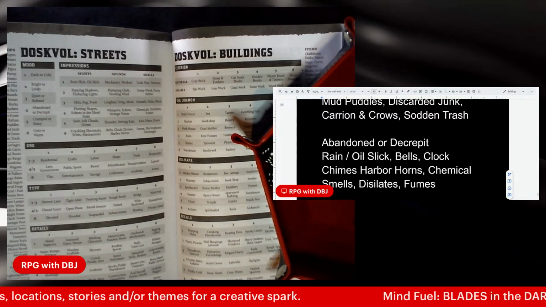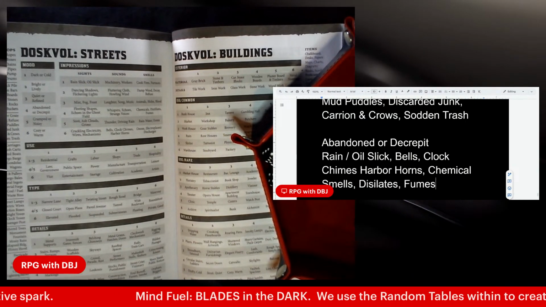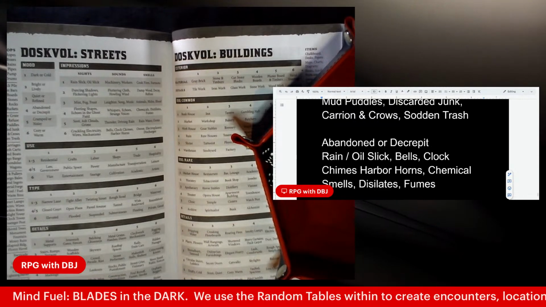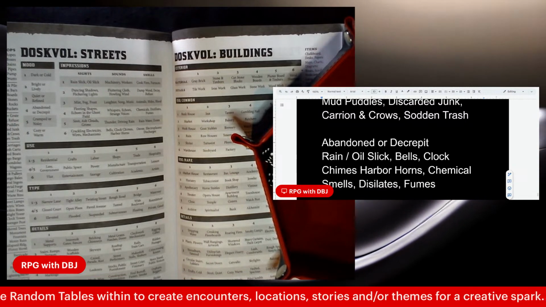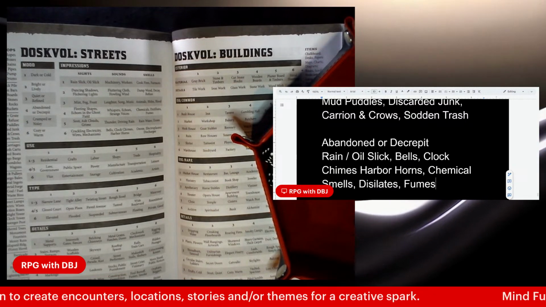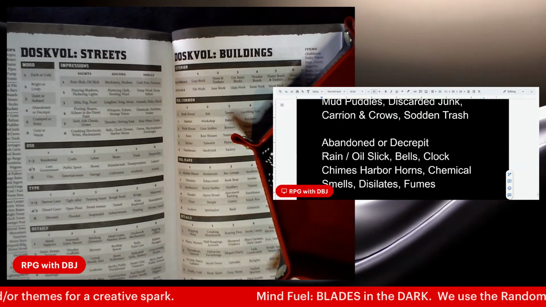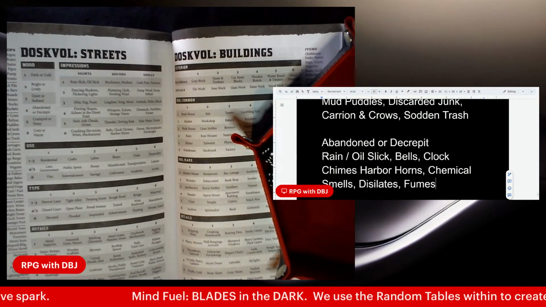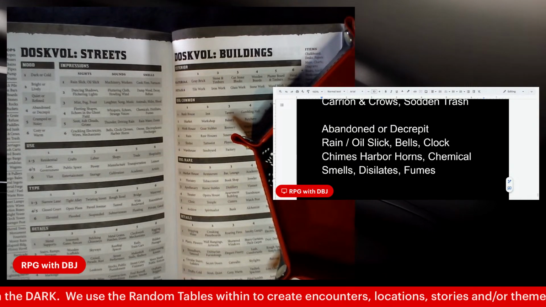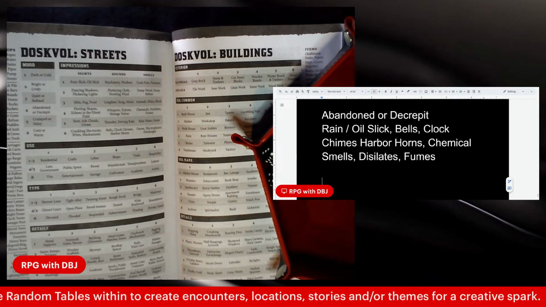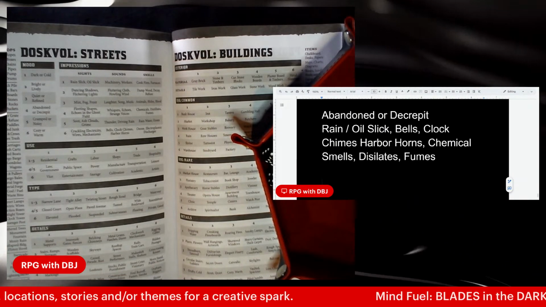Maybe there's a chemical factory or a warehouse with chemicals in barrels, or the players could smell the direction of some alchemical processes being done. This is Blades in the Dark, so there could definitely be a place that's using dangerous chemicals to make a street drug or something of that nature.